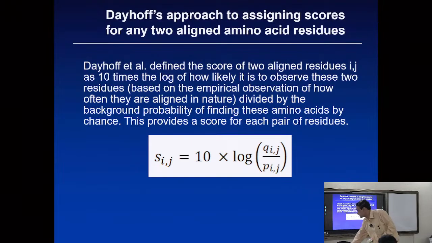So what will happen is that the numerator will be much higher than the denominator. Okay, so this ratio would be much greater than 1, right?